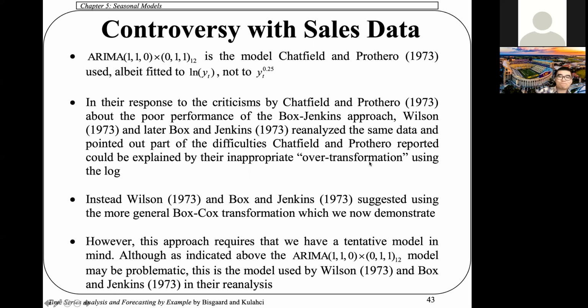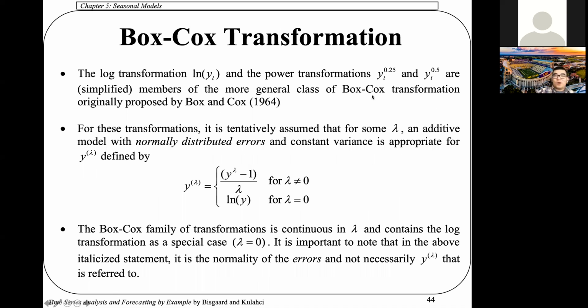So what Box and Cox suggest is that, instead of using this log transformation or the transformation of Yt to the 0.25 or even Yt to the 0.5, let's use a general transformation. This is the general Box-Cox transformation. It depends on this parameter lambda.